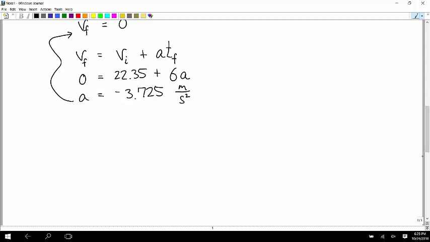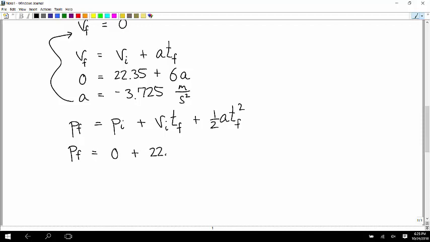I guess the equation that we want to use here is PF is equal to PI plus VI TF plus 1/2 A TF squared. So PF is equal to 0 plus 22.35 times 6 plus 1/2 times negative 3.725 times 6 squared.